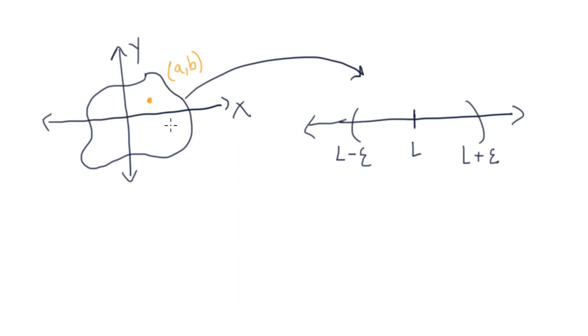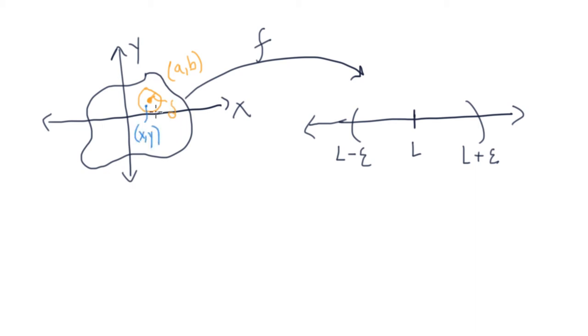But now what we're going to have in the domain of f is a little ball, a little disk of radius delta. And now what the definition of the limit is saying is that the limit of f approaches L as (x,y) approaches (a,b) if our point (x,y) is in this disk.